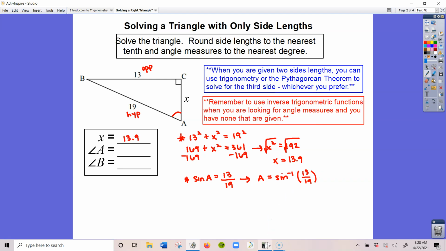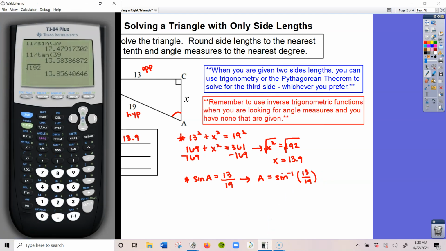So I'm going to go to my calculator here. Remember to select the inverse. You normally have to click the second button or shift button depending on your calculator. 13 over 19. And I get 43.17. And we are going to round these angle measures to the nearest degree. So 43 degrees.